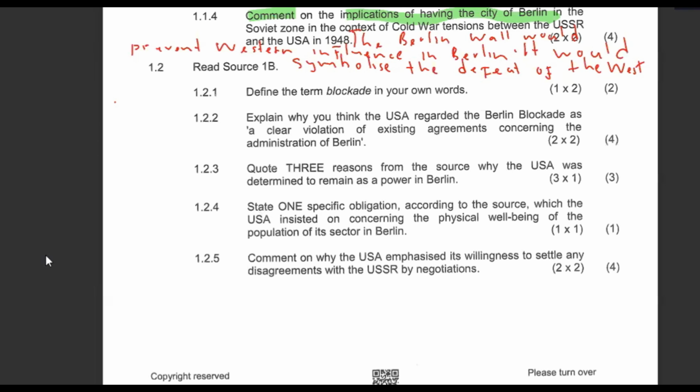So a simple definition of a blockade: it is an act of war whereby one party blocks access to another party.